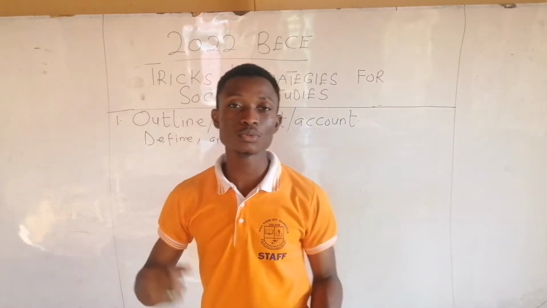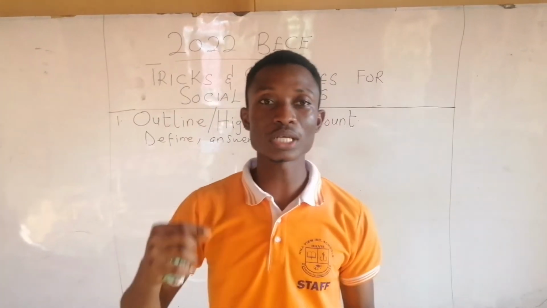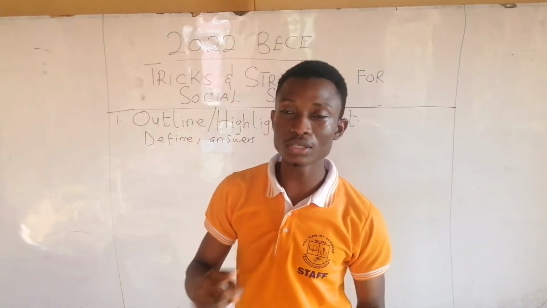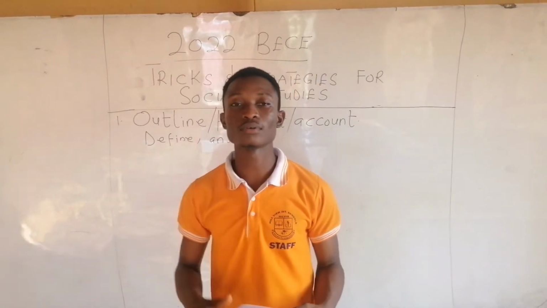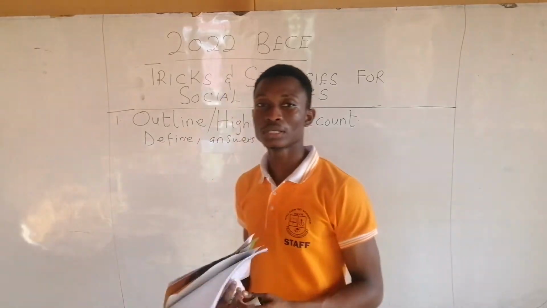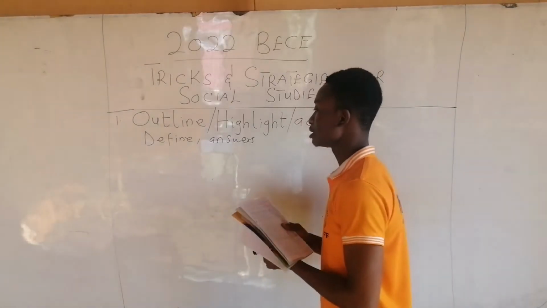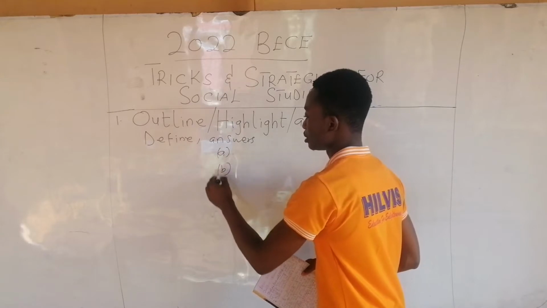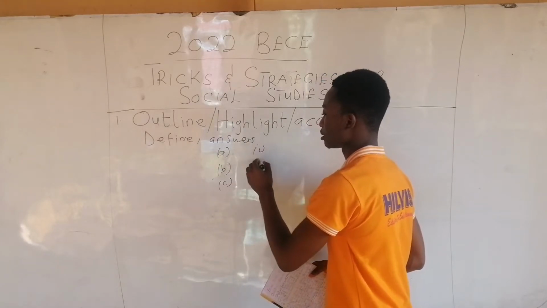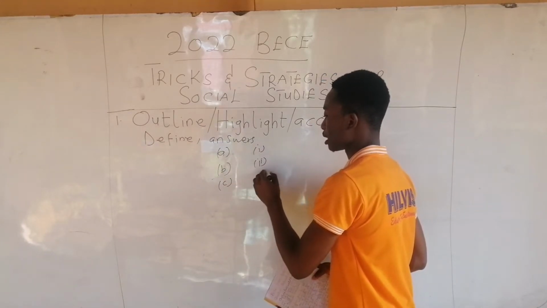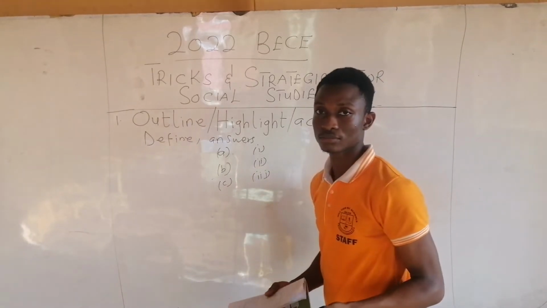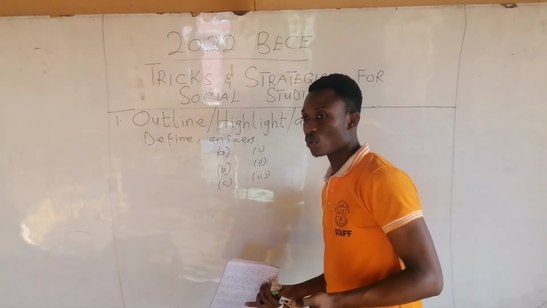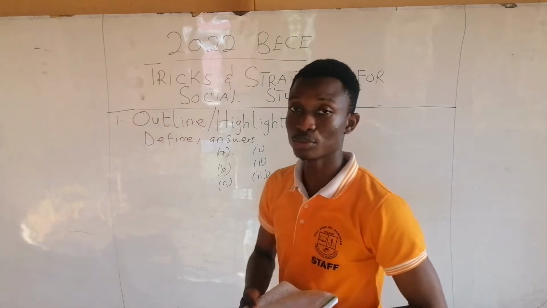And mind you, when you want to give answers in social studies, avoid the use of 1, 2, 3, 4, but actually adopt the use of A, B, C, or I, II, III. So with a question like this, one, law and order promote peace.